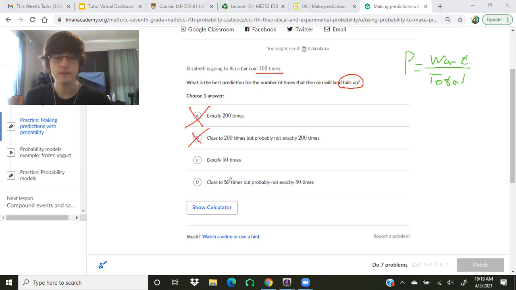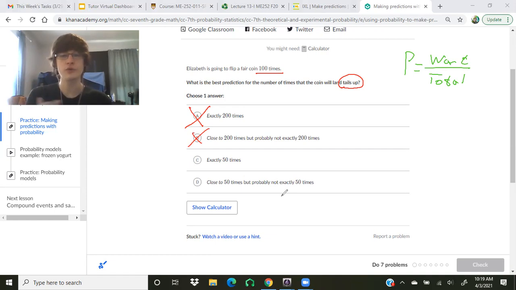Well, the answer is actually D, close to 50, but probably not exactly 50. And let me explain why. So if you take a coin, right, and you flip it, there's a 50-50 chance that you will land on a tail. 50-50 chance you'll land on a head as well.